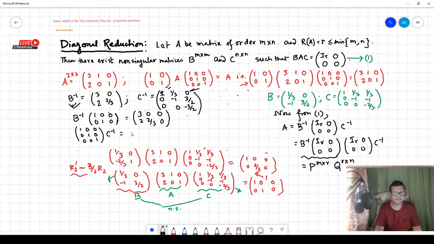So this is just C inverse, that is 1, 1/3, 0; 0, minus 1, 3/2; 0, 0, minus 3/2.